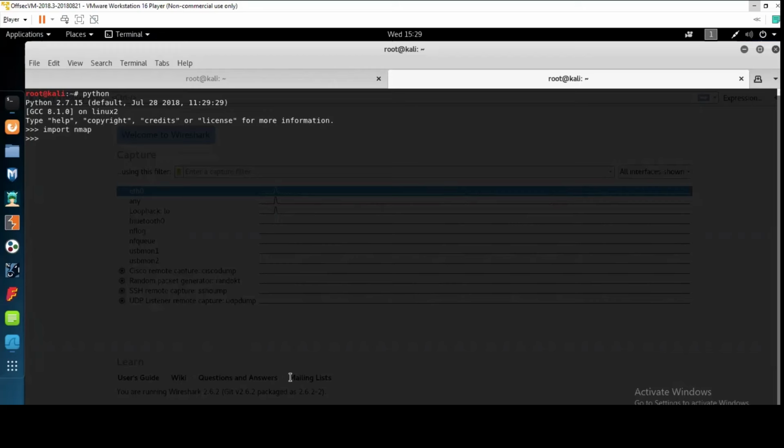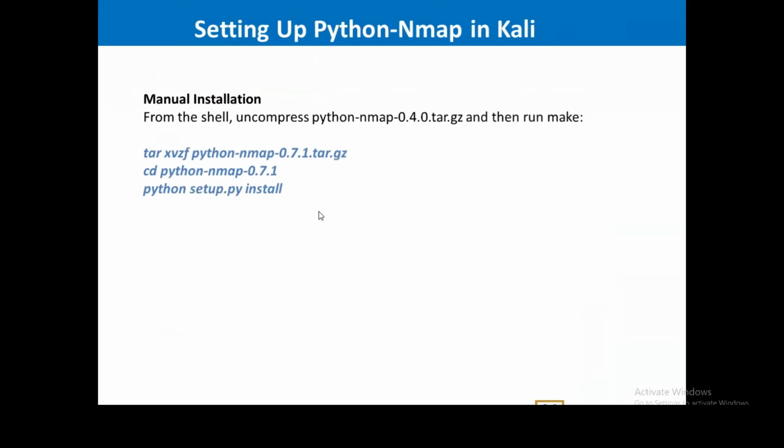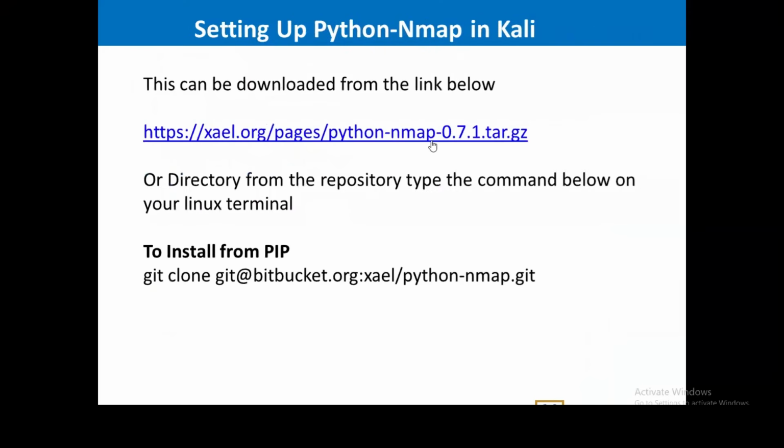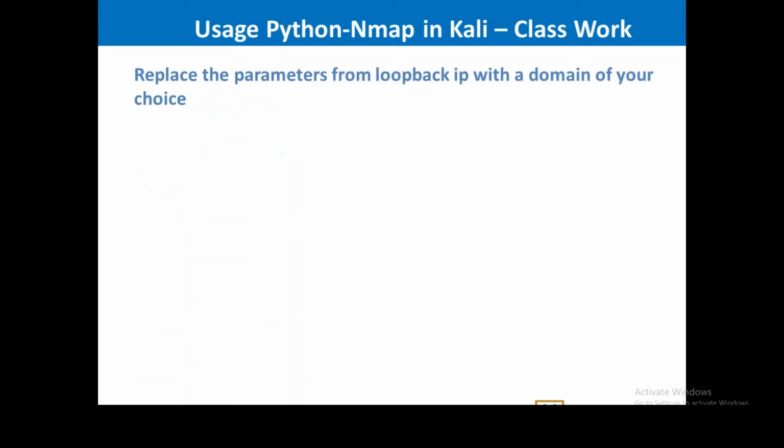You need to quickly download nmap for your Python using the command displayed earlier. First, download the tar file, move the tar file to the designated directory, switch to that directory and set it up.